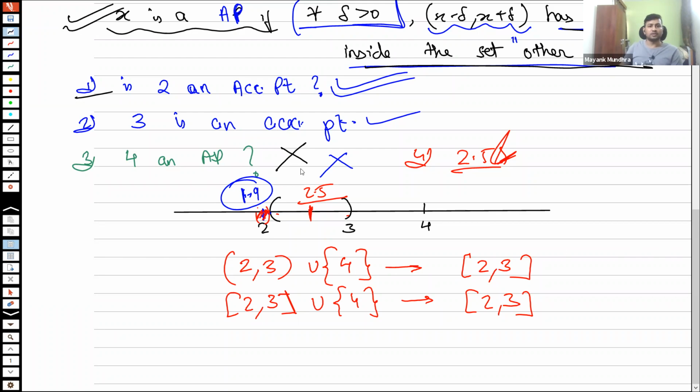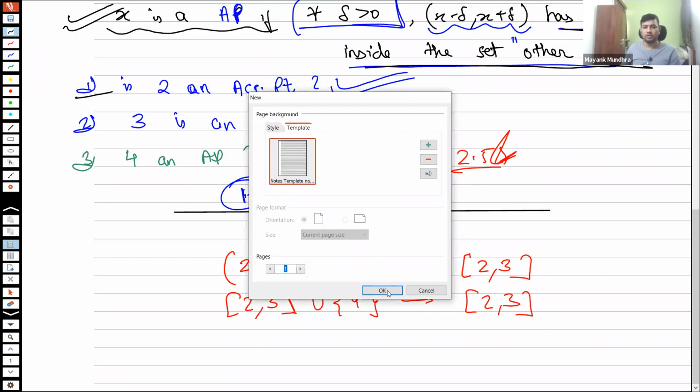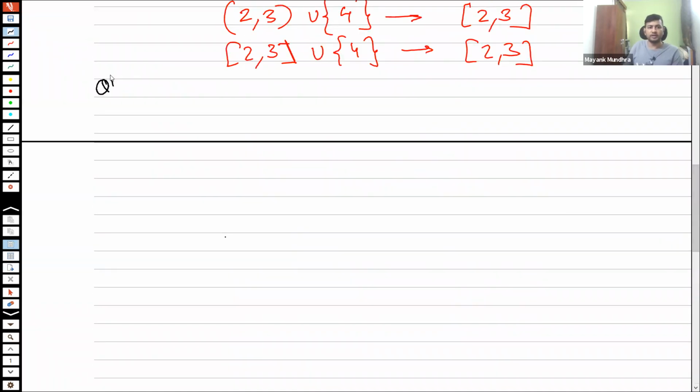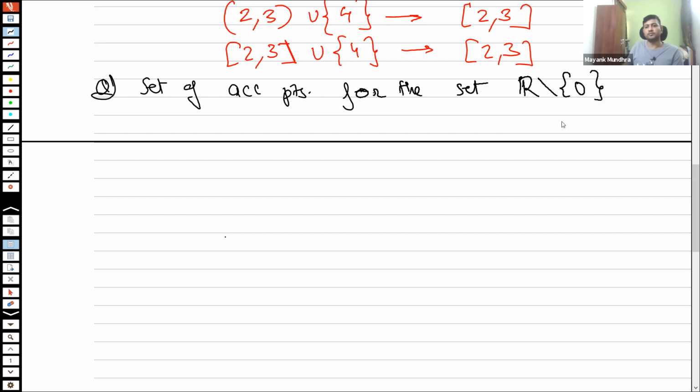So one last question on accumulation points: what is going to be the set of accumulation points for the set R minus 0?